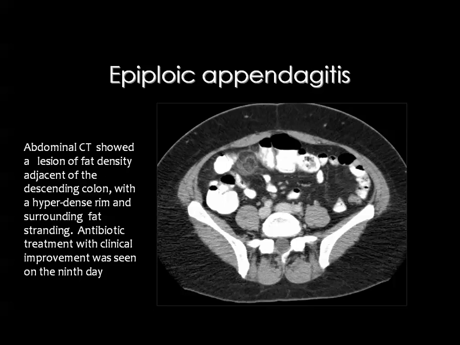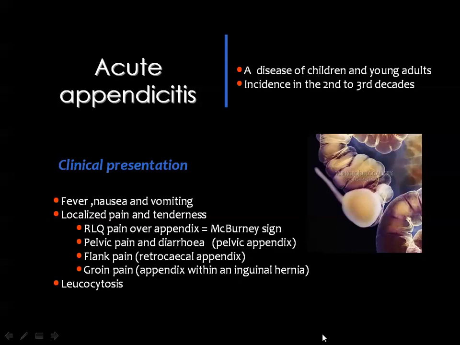Whenever you look at a patient with acute abdomen, searching for diverticulitis, appendicitis, cholecystitis, and so on, and you did not find any signs of these, you may think of epiploic appendagitis, looking for this classic lesion, you may succeed to find one of these lesions.